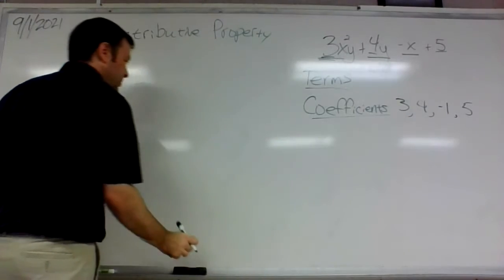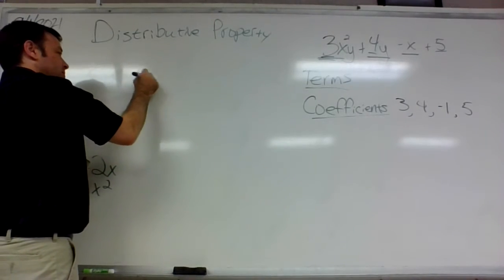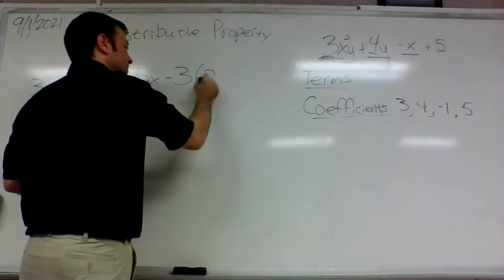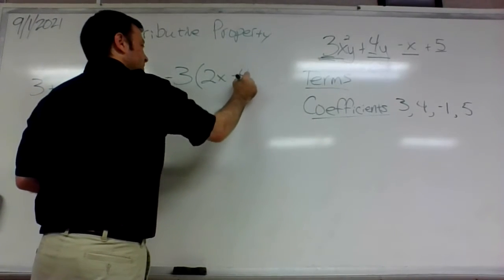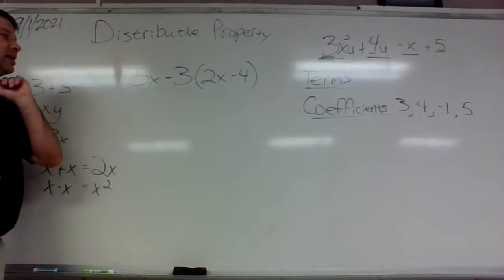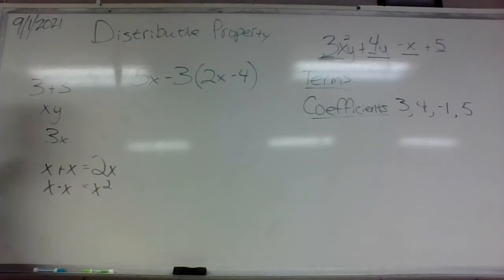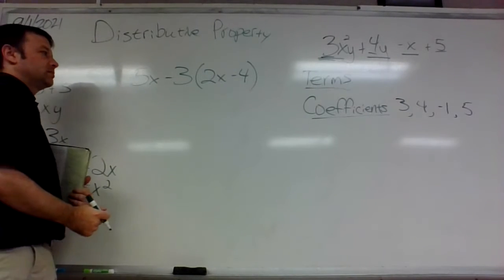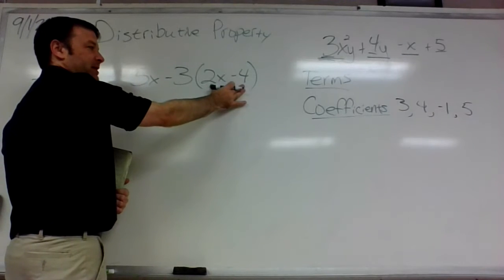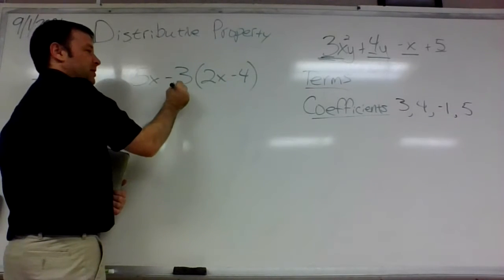Let me talk about one more little problem, just about as hard as it gets today. Does anybody want to guess what I should do first? Add normally parentheses, but can I do that? No, so I have to do distributive.